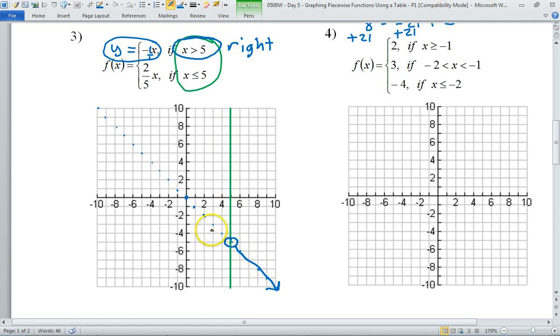Any questions on how I drew the first part of my piecewise function? Yes? How do you know when to do... Don't think up and down. Think left and right. Okay? Do you understand where all these dots came from? Okay. The 5, do you see this vertical line I put? How did I know to put the vertical line there?